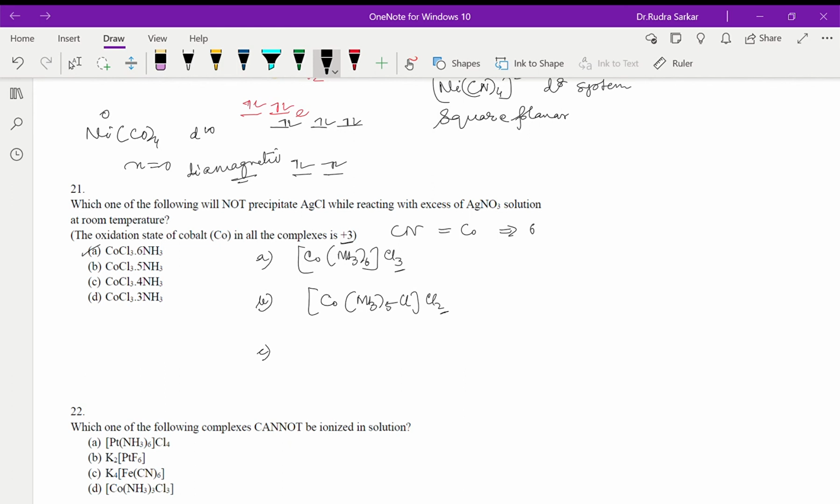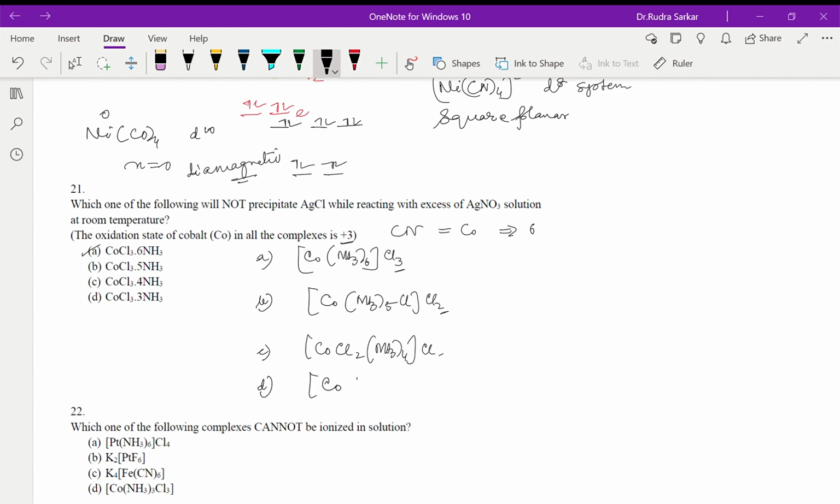Which one will not give? One that is not having any Cl outside in the ionization sphere. For the next one also it is Co(NH3)4 Cl2, which is also having Cl in the ionization sphere, so this also will give the test. What about D?